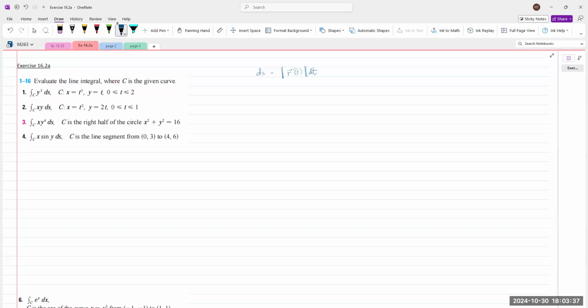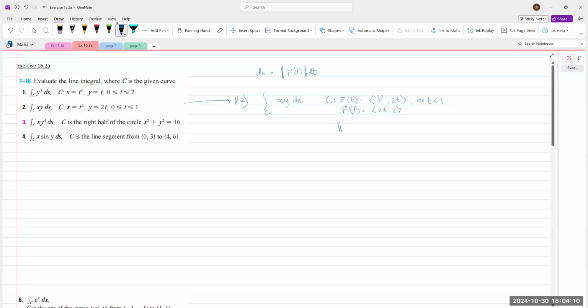So suppose I need to do number 2. We have the integral over curve C of xy ds, where C is parameterized by t squared, 2t, t from 0 to 1. So r prime t is 2t, 2.